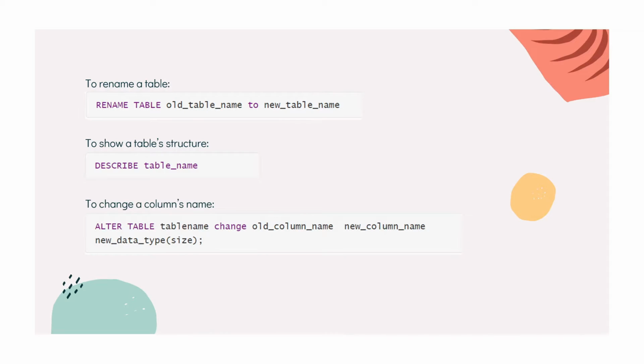And the last, to change a column name that already exists in a table, you can use the following syntax: alter table, and then we specify the table name, and then change, then the old column name, and then we add the new column name, new data type, and then new size. This is if we want to change a column name and the rule of the data type and size.